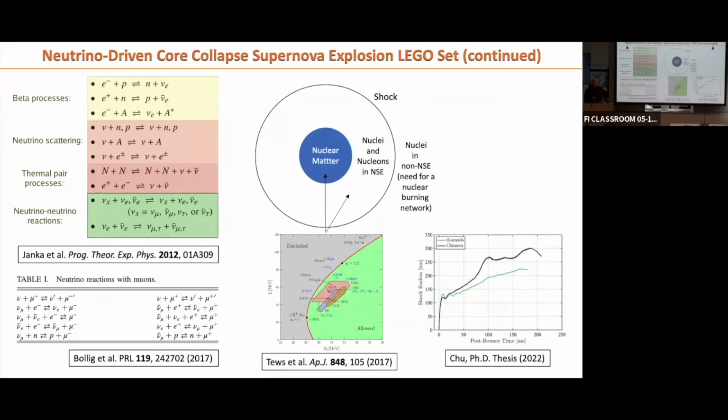By virtue of that, you have higher pressure under the same thermodynamic conditions than you would otherwise. If you have higher thermal pressure ahead of the shock, it slows down the ram pressure impinging on the shock, which assists the shock, okay?